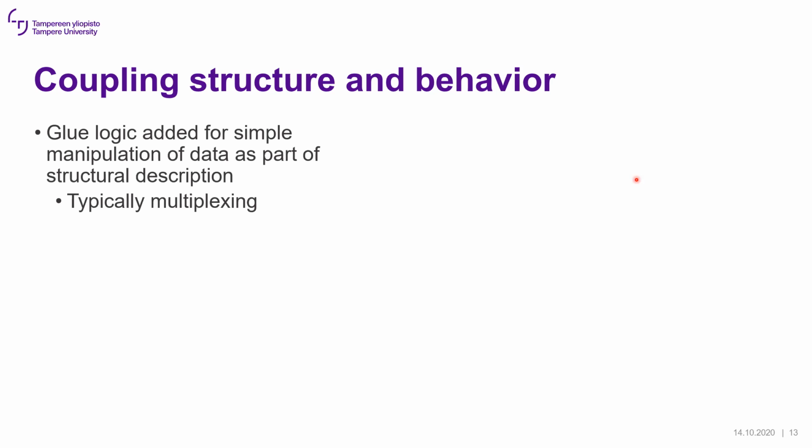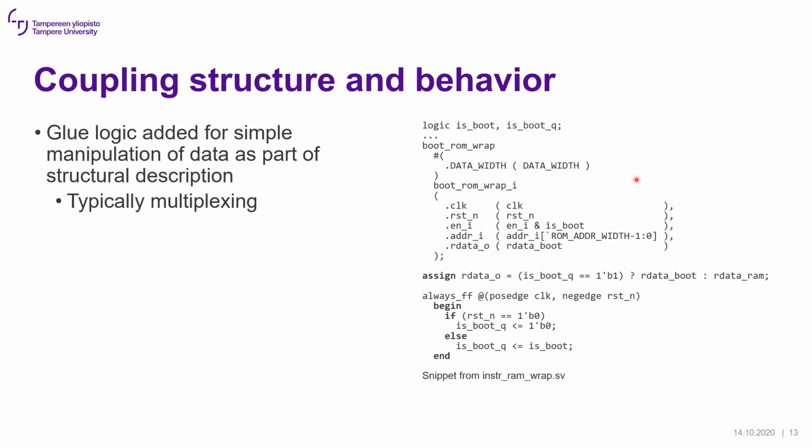These are typically things like multiplexing or simple AND, OR, NOT. Another example is given here. Here we see an AND operation, and then here we do some multiplexing to select whether we take the data read from the boot ROM or the RAM memory.